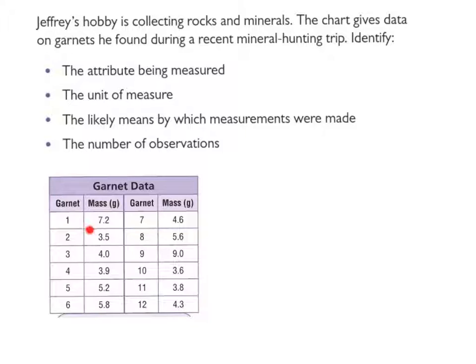So he is measuring the mass of each garnet. Do you see that? Oh wait, sorry, I'm not going to tell you what he's measuring yet. But you're looking to see what he is measuring. Usually you're going to find this in the subheadings on your charts.